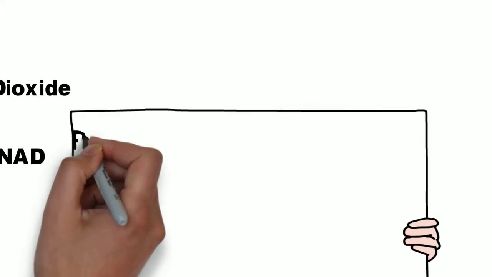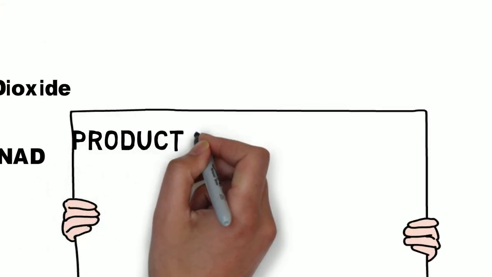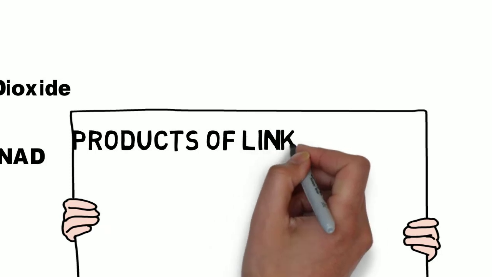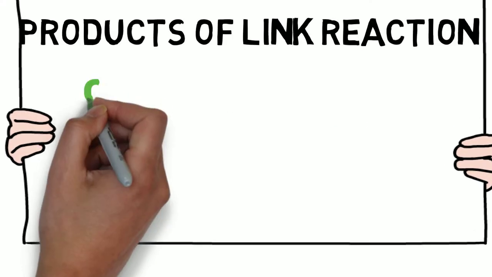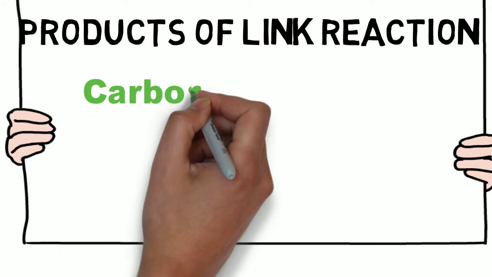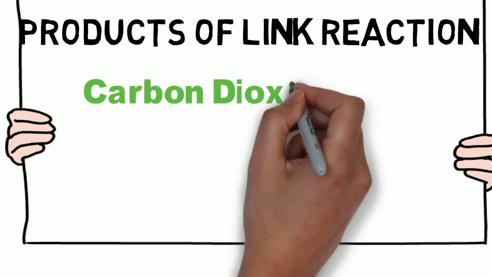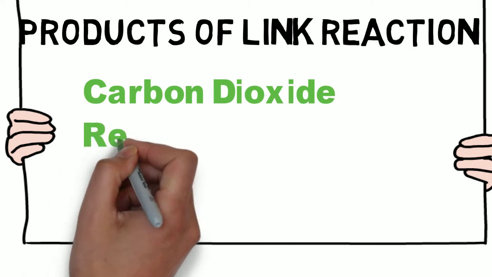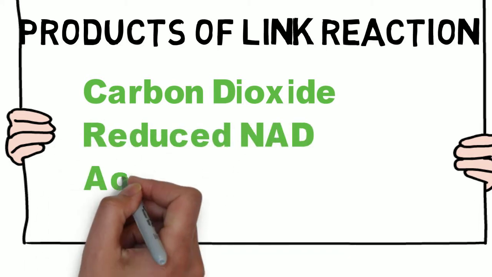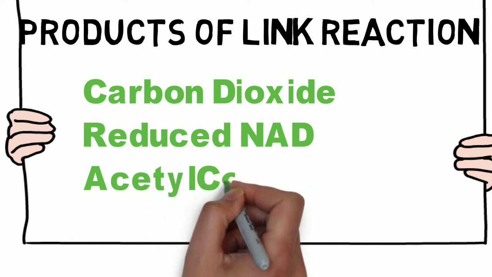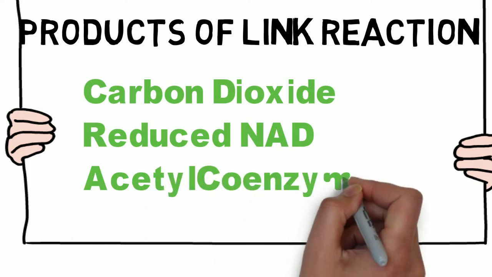As a result, the products of the link reaction that occurs in the matrix of the mitochondria are carbon dioxide, produced as a result of the decarboxylation, reduced NAD, and acetyl coenzyme A.